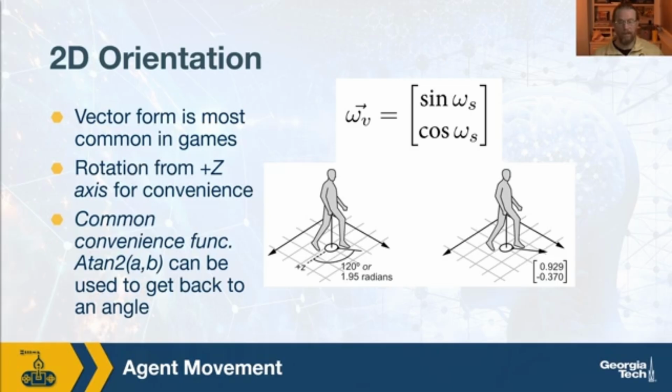This is something you could just work out with the trig equations you're familiar with. But a very common convenience function you find in many computer science libraries and graphics APIs is the atan2 function.